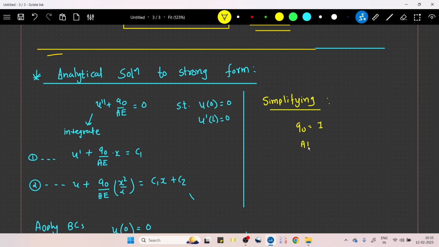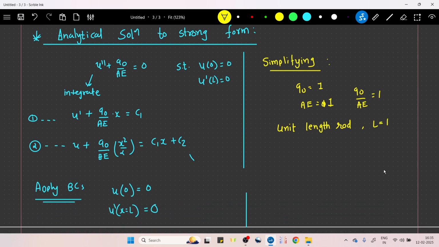We will also say A is equal to 1, so q0 by AE is equal to 1. And we will also assume unit length of the rod, that means L equal to 1.